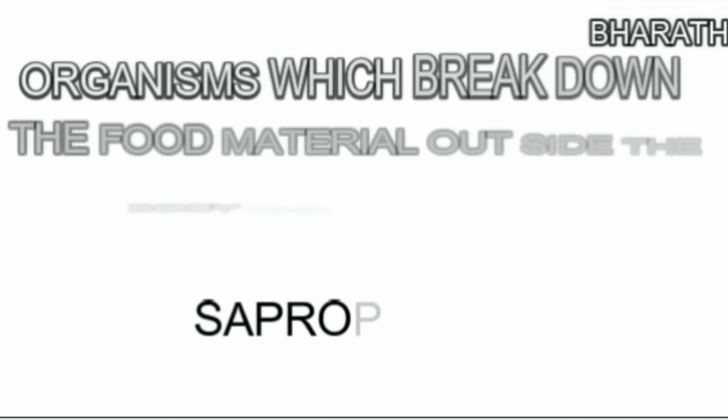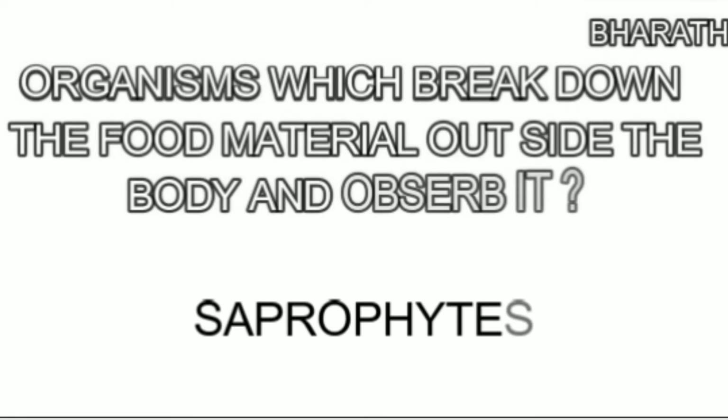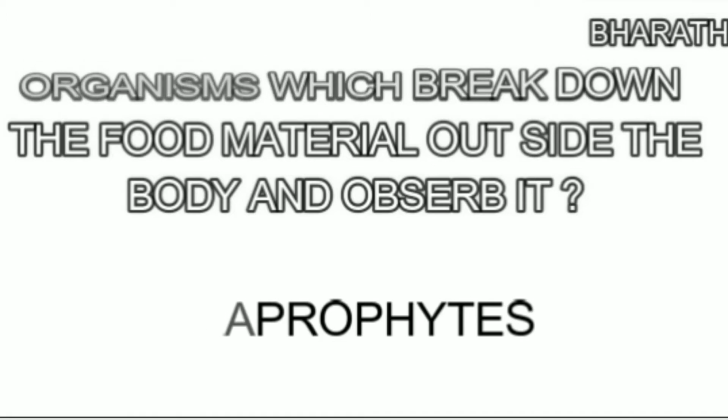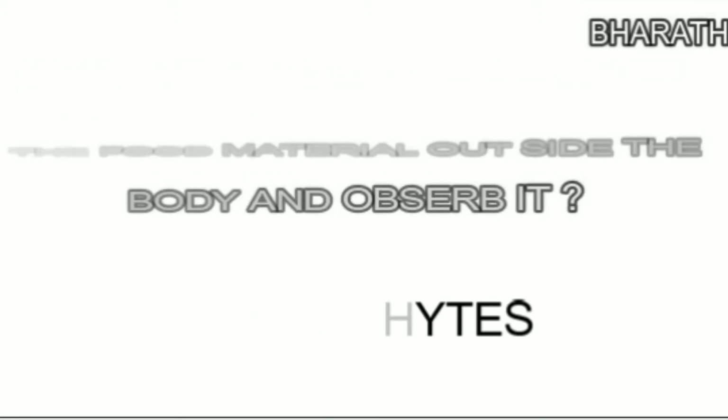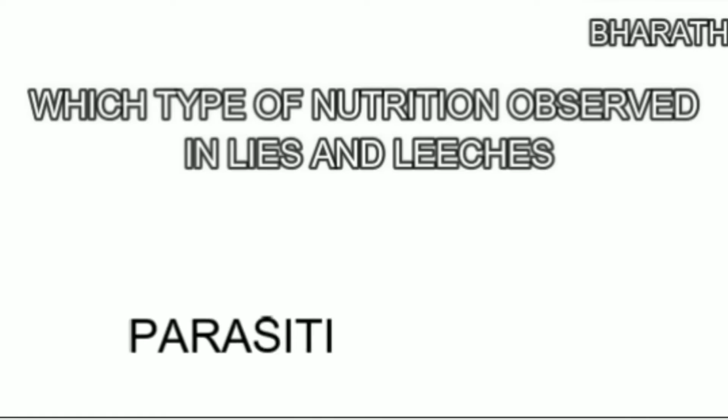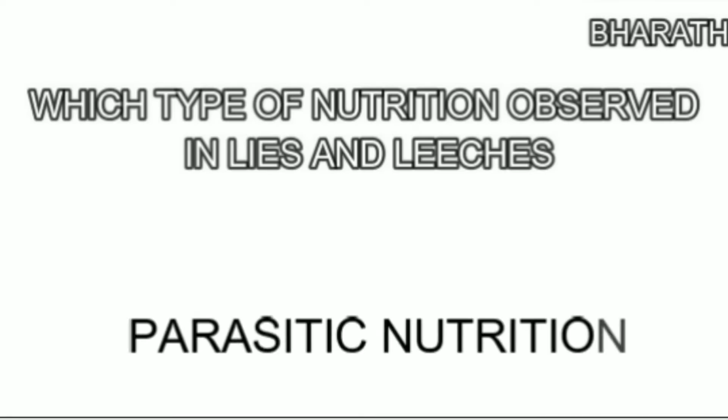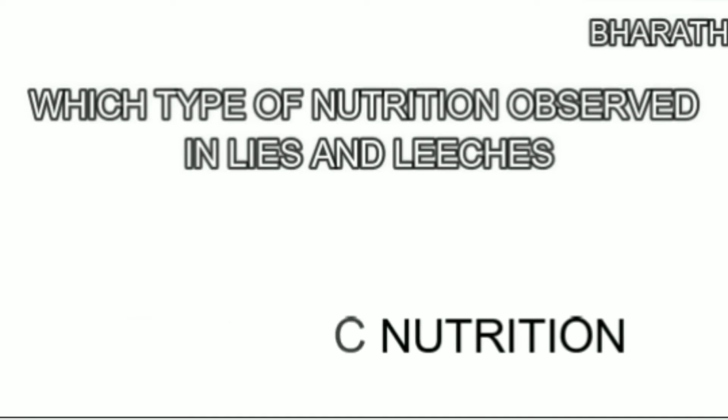Which organisms break down the food materials outside the body and absorb it? Saprophytes break down the food materials outside the body and absorb it. Which type of nutrition is seen in lice and leeches? Parasitic nutrition.